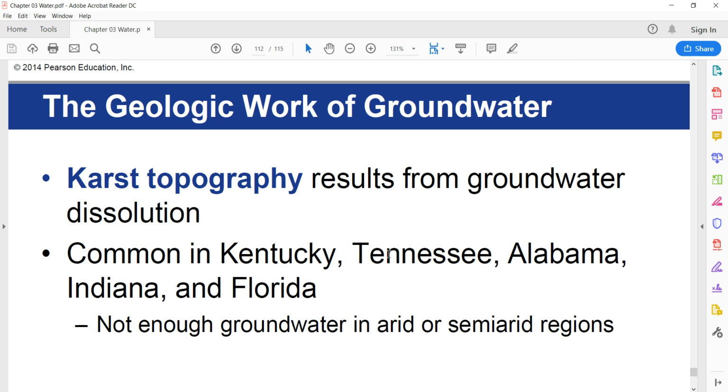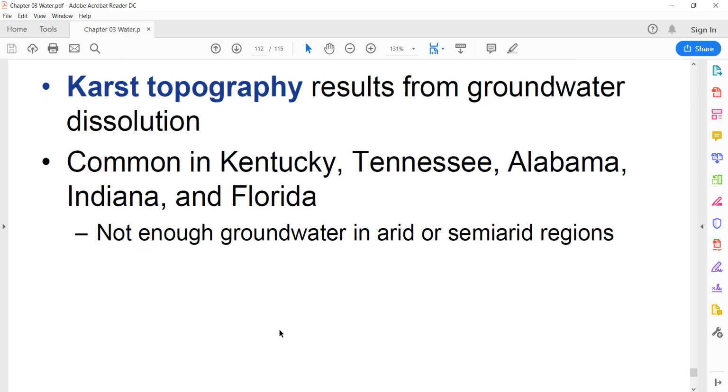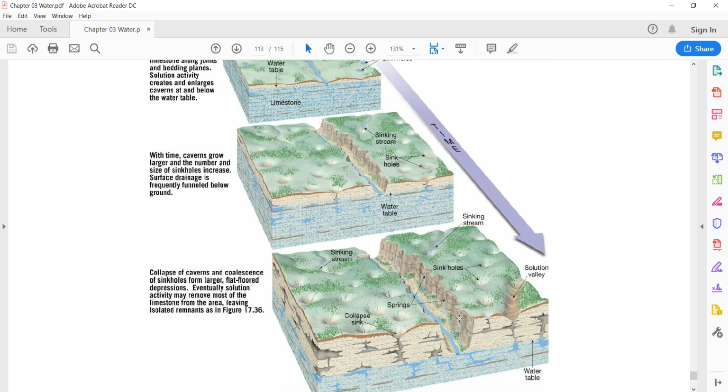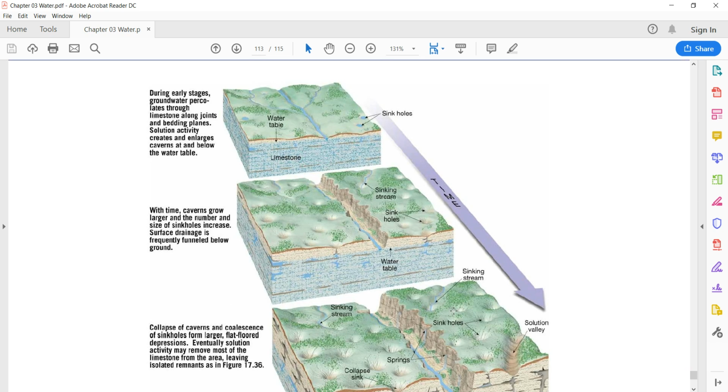So karst topography results from groundwater dissolution. It's common in Kentucky, Tennessee, Alabama, Indiana, and Florida. This is another example, another feature of how groundwater or surface water causes damage to a carbonate-based aquifer. So this is unique to the carbonate aquifer.